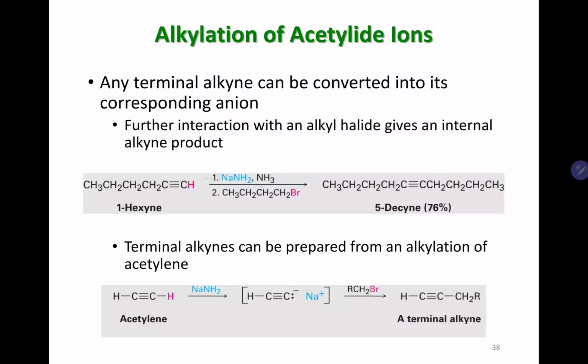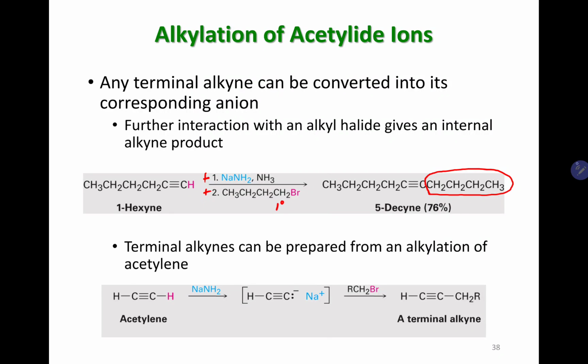By using NaNH2 and ammonia, you will remove this hydrogen and make the anion, which is the nucleophile that we need. Then by using a primary alkyl halide, you will increase the number of carbons you have. You can do this in two different steps, and that is how it happens.